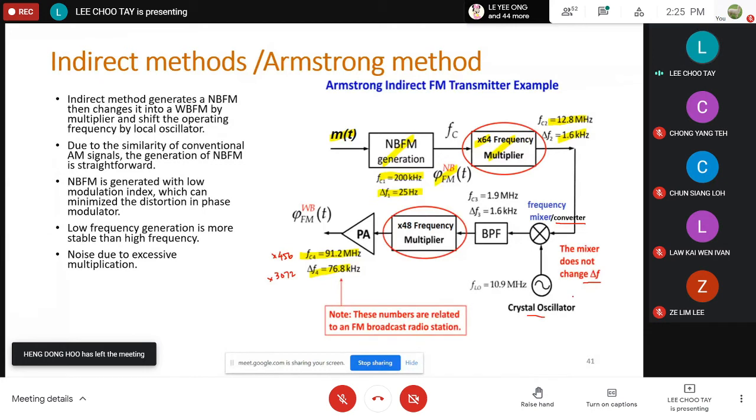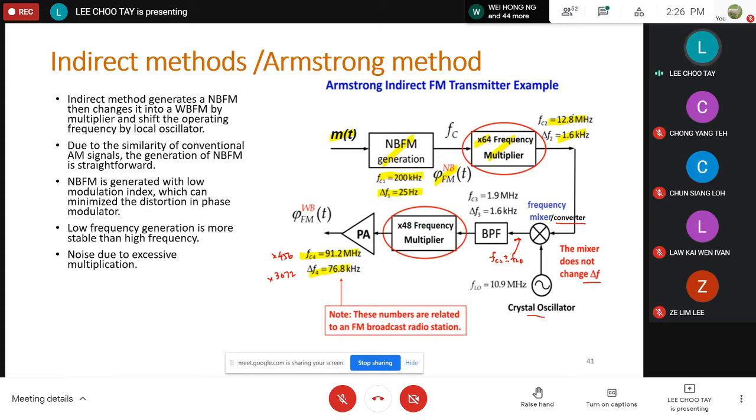We multiply two signals of different frequency. So what will be the output? The output will be FC2 plus minus FLO, just like your FC plus minus FM. You have two frequencies, upper sideband and lower sideband. So it's the same here.